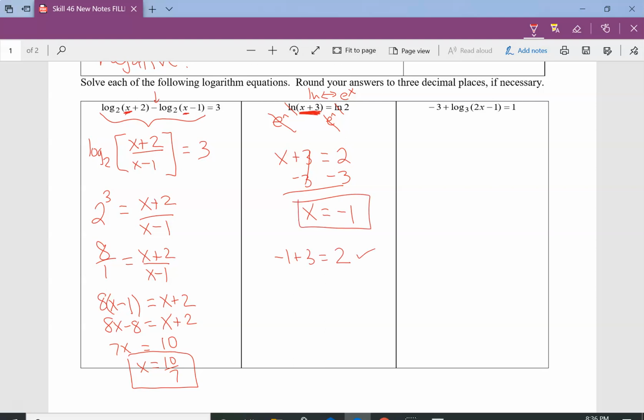So x equals -1 is a solution. So please, I repeat, do not say that a negative answer automatically means there is no solution. Okay? I saw a lot of this mistake in Algebra 2. Please don't make that mistake now that you're older and wiser.